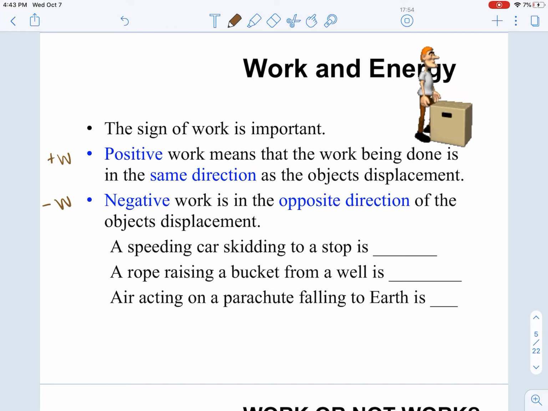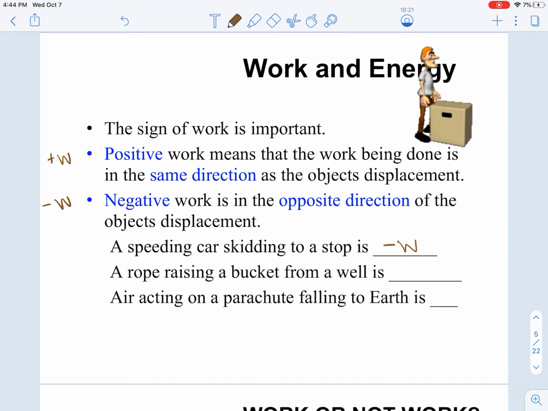Negative work means that the force or the work is in the opposite direction of the object's displacement. All right, so with that in mind, a speeding car skidding to a stop. This is going to be an example of negative work because it would be a frictional force that's bringing that car to a stop. It is opposing its motion, and so that's going to give us negative work.